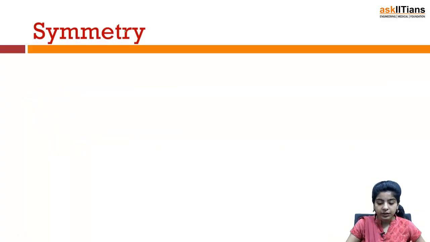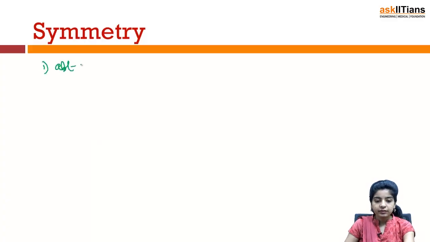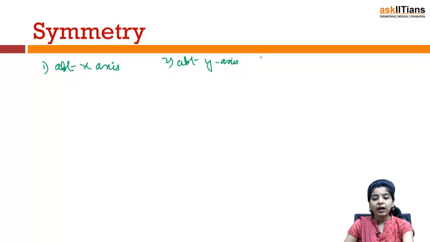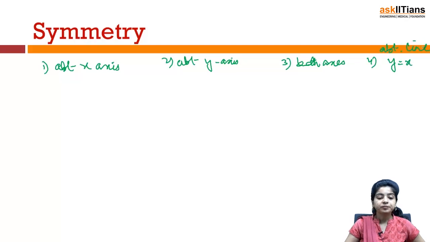Now in symmetry you have to judge whether it is about x axis, you can have the symmetry about y axis, and then you can have symmetry about both axes, and then you can have symmetry about the line y equal to x.